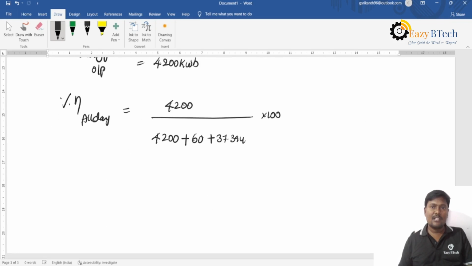Multiplied with 100, I got 97.73 percent. That is the all-day efficiency of the transformer.